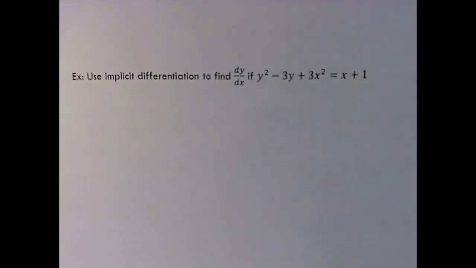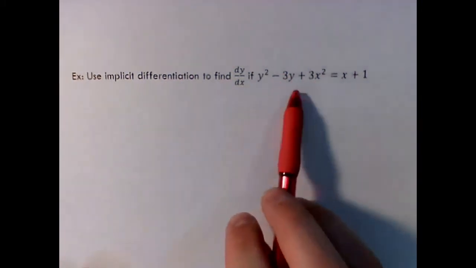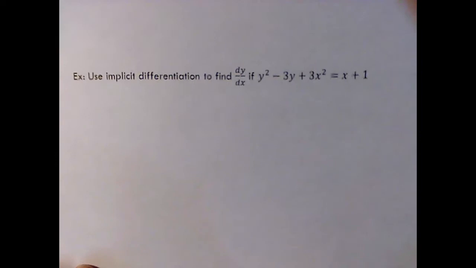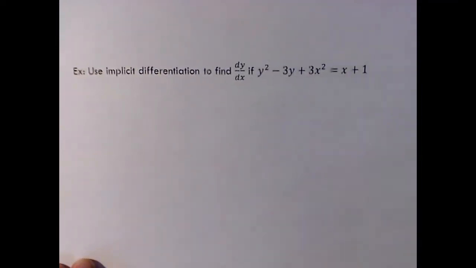All right, so we're going to start out by doing exactly what we just described. We're going to use implicit differentiation to find dy dx given that equation right there. So let me just rewrite it out.